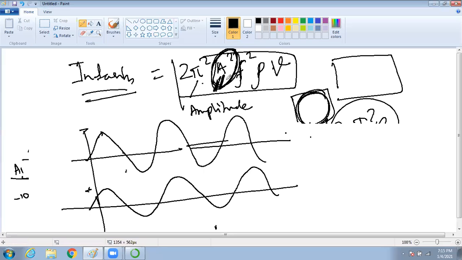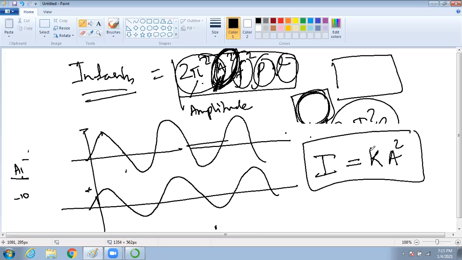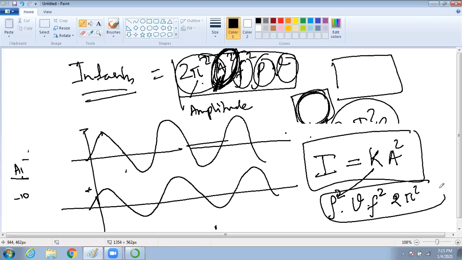So only the amplitude is affecting. If I take amplitude to one side, all these other things become constant. So I can write I equal to K A square, and K is rho V f square and 2 pi square. Clear, all of you?